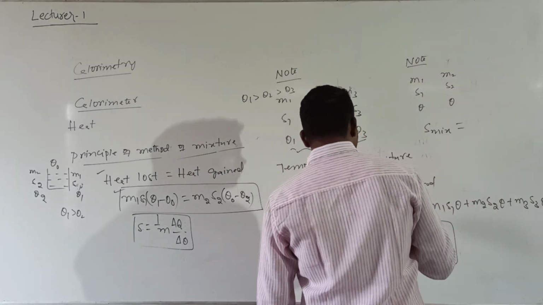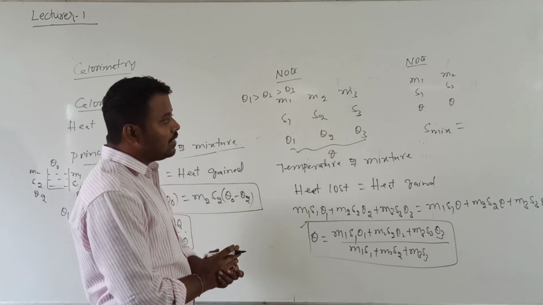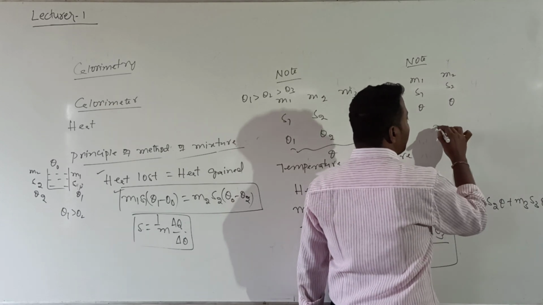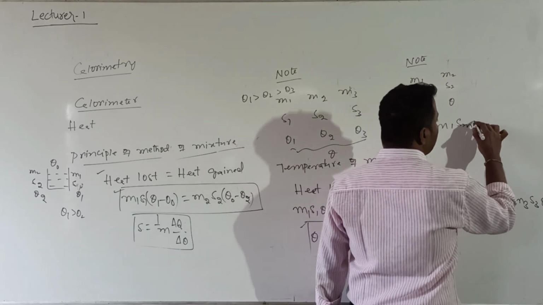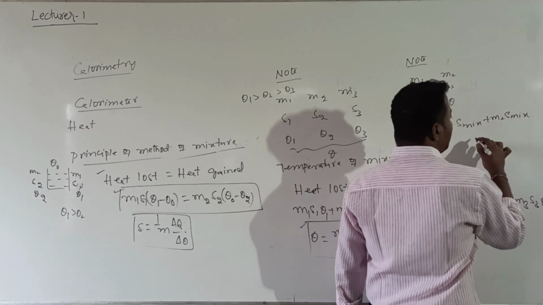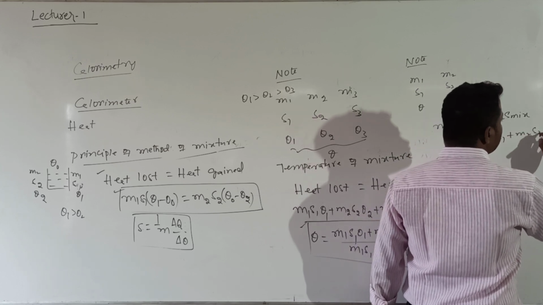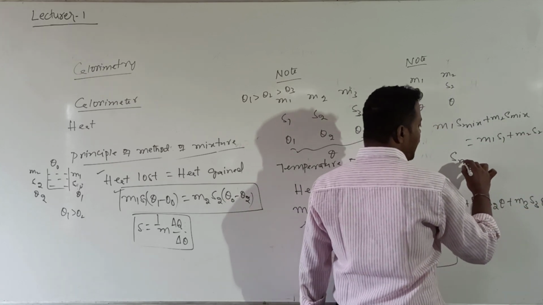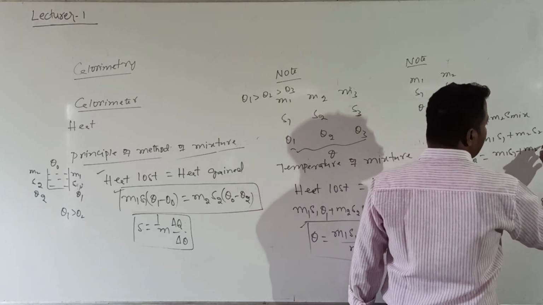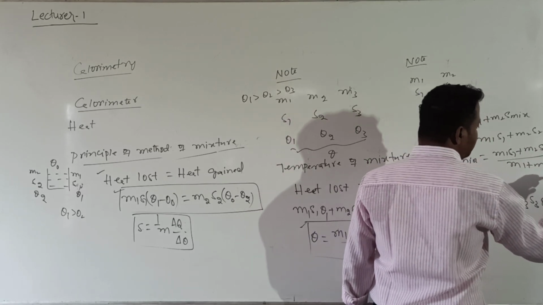So what is the formula for S mixture, the specific heat capacity of the mixture? M1 into S mix plus M2 into S mix will be equal to M1 S1 plus M2 S2. From this, the formula for S mix becomes M1 S1 plus M2 S2 divided by M1 plus M2.